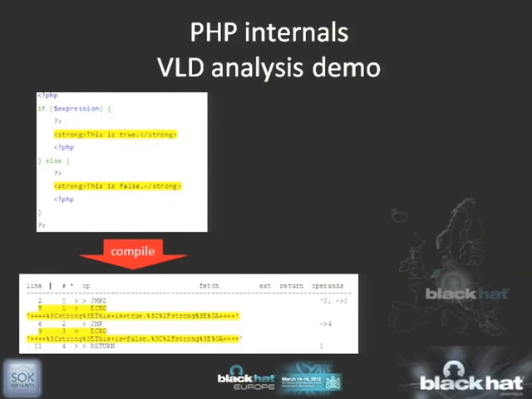So if we look again at the example we had seen earlier, we will find out how this mixed coding works. The parser compiled the if to a jump, jump z opcode. Then the HTML was transformed. It's just being echoed, just being printed out.